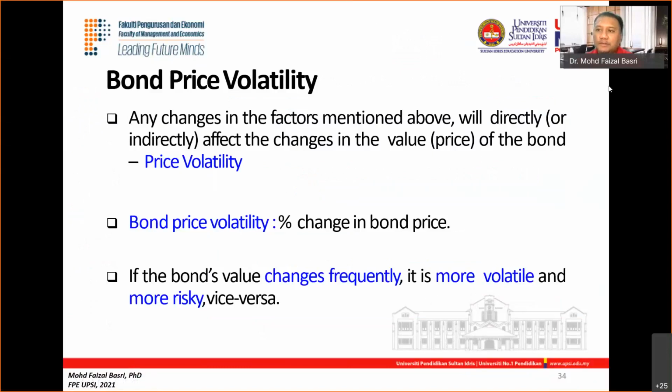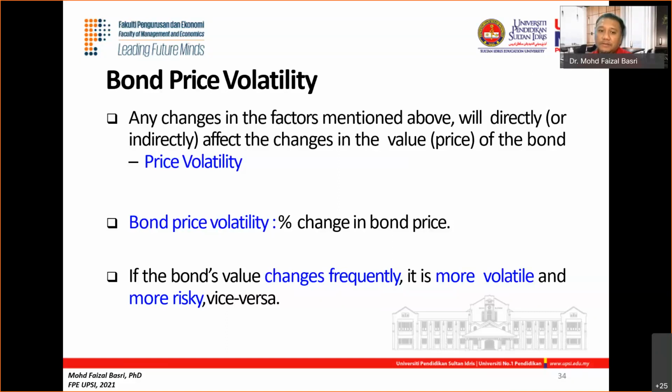Okay, so this analysis or this valuation is really important with regards to investors. Okay, when they want to invest in bonds, they want to measure what would be the changes towards its value if there's any difference with regards to yield or what we call the required rate of return.